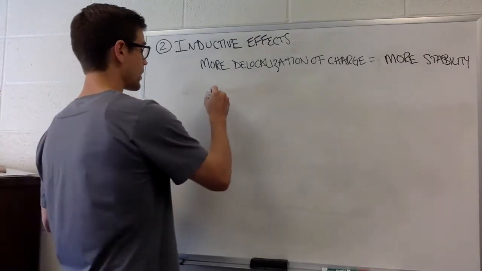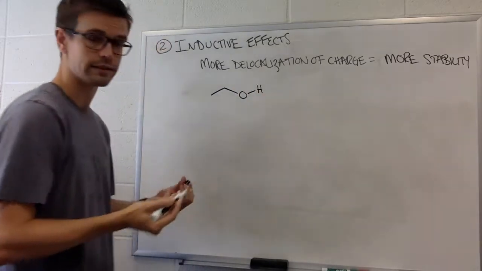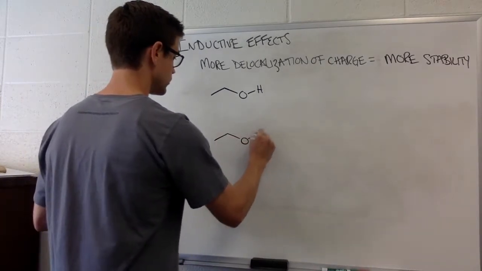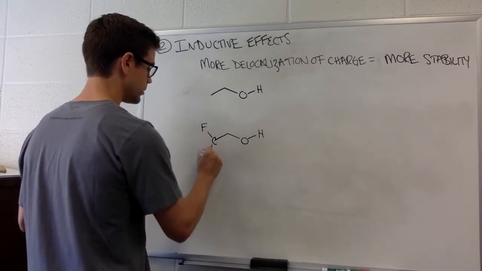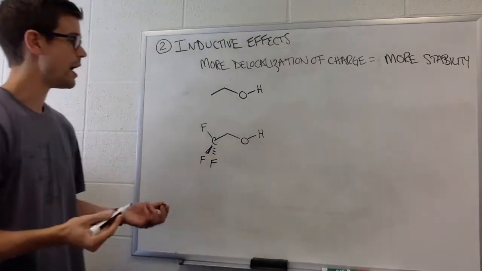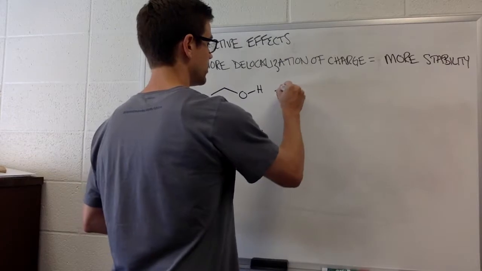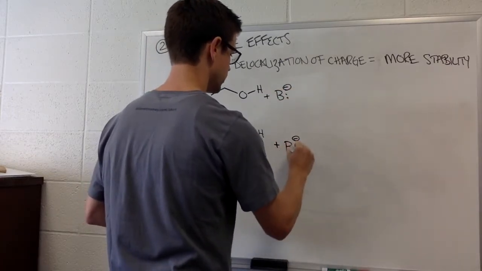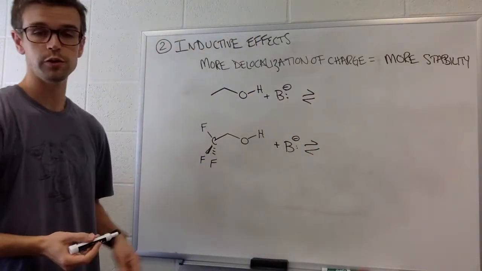So we're going to look at the molecule ethanol versus trifluoroethanol. And in trifluoroethanol, we have our fluorine atoms on the terminal carbon position. If either of these react with a base, so again, we'll put in B-, they are going to be deprotonated to the alkoxide.